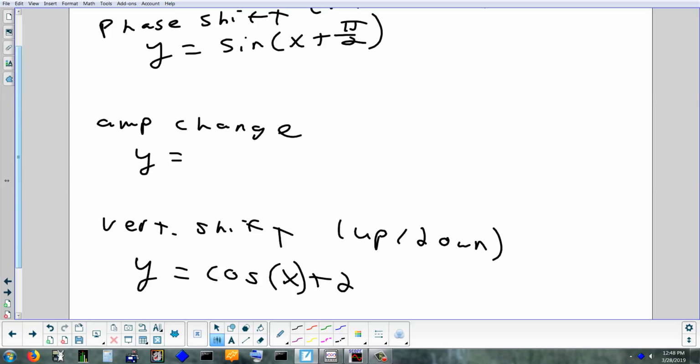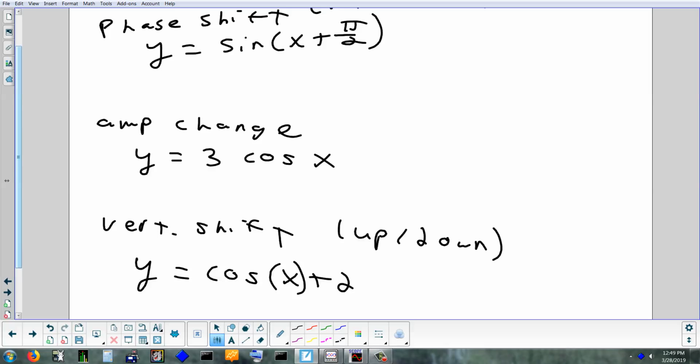Definitely wasn't right next to the x. It was out in front. So you had something like 3 cosine x. That's an amplitude change. You multiplied, but it's out in front.